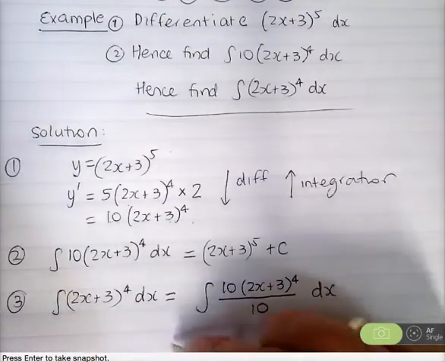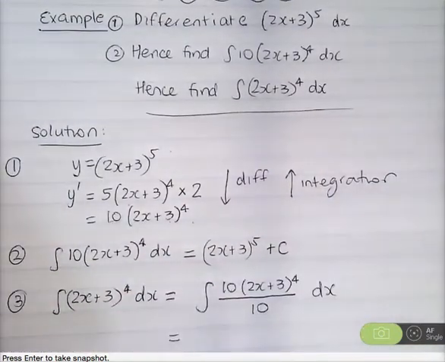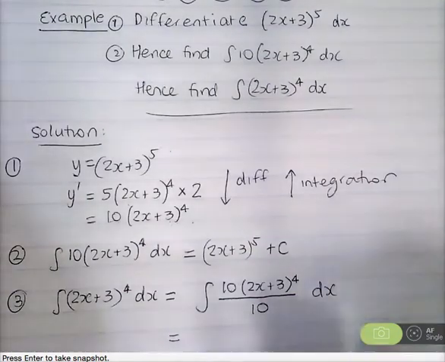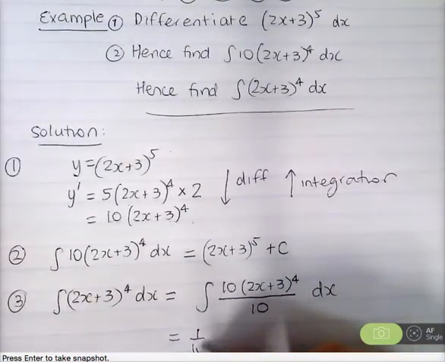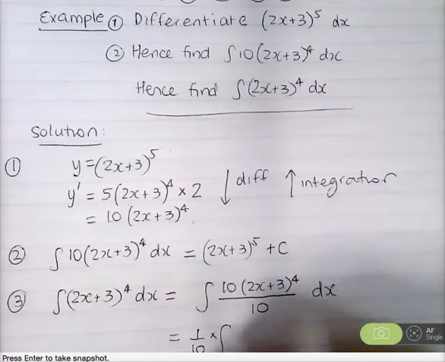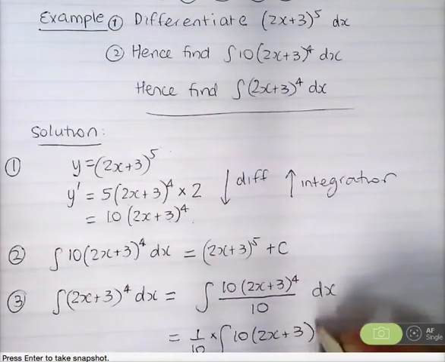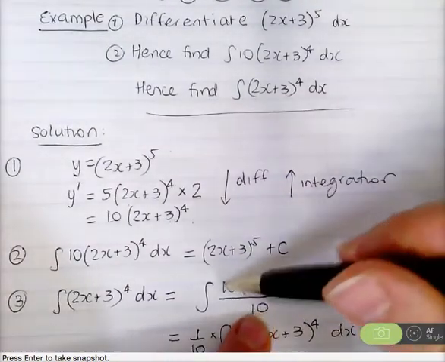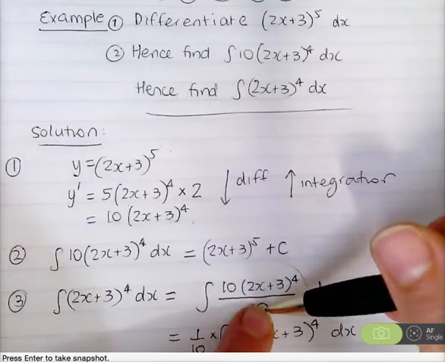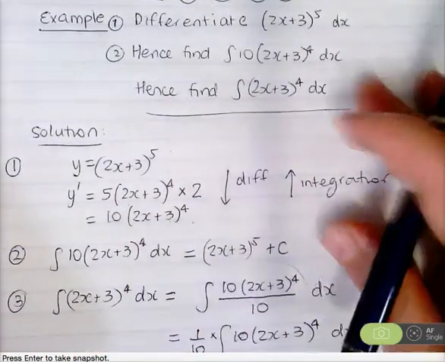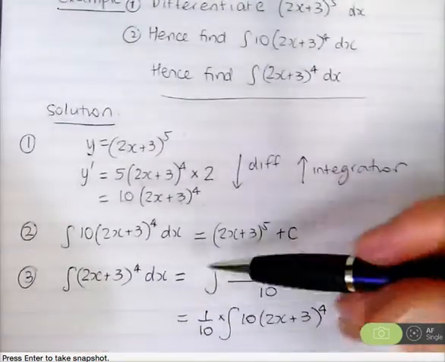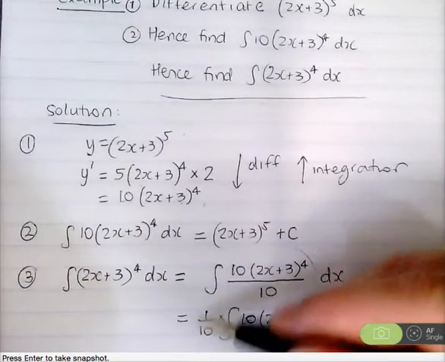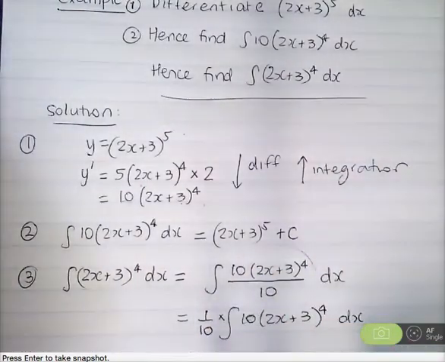Now, the reason I'm doing that is, remember, when you're integrating, you can pull constants out to the front. That's the same as doing 1/10 times the integral of 10(2x + 3)^4. So when you integrate and everything's attached, the constant, that 10, would stay the same. So what I'm doing is bringing that constant, 1/10, out the front, because I know how to integrate this.